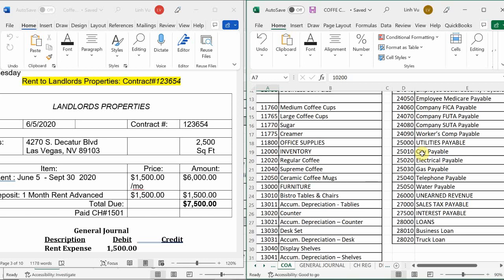Can you expense 4 months? Can you use 4 months for the current accounting period? In this case, my current accounting period is for the month of June because I started in June. Can I expense 4 months?